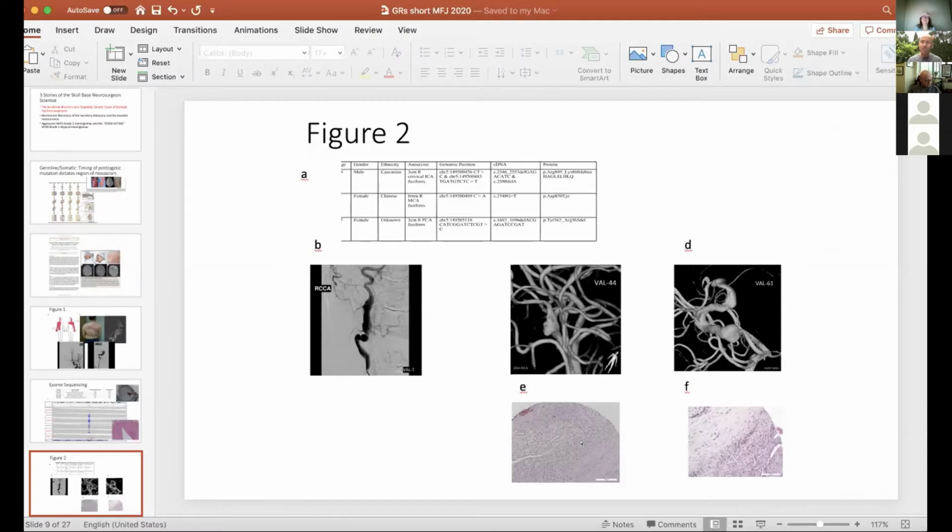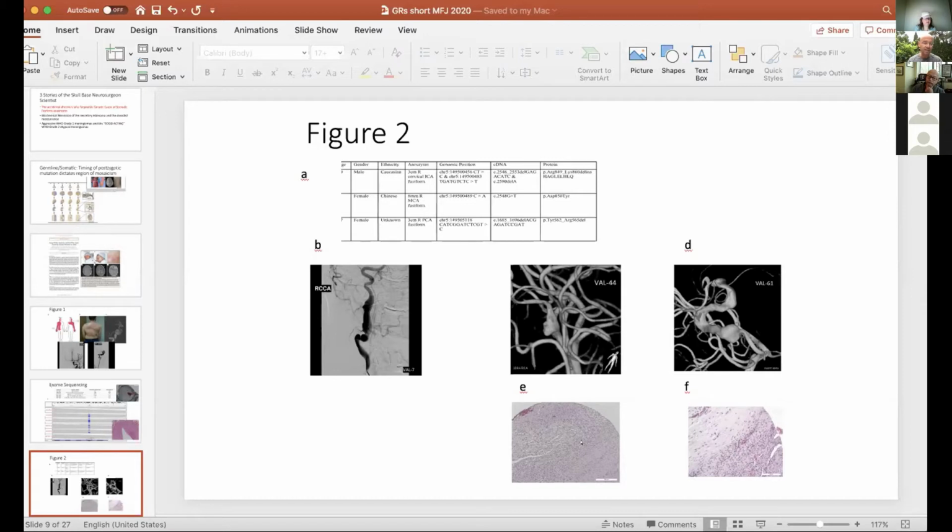Since this time, we have a very ultra deep sequencing technology called digital droplet PCR that allows us to get down to about 1 in 1,000 reads.